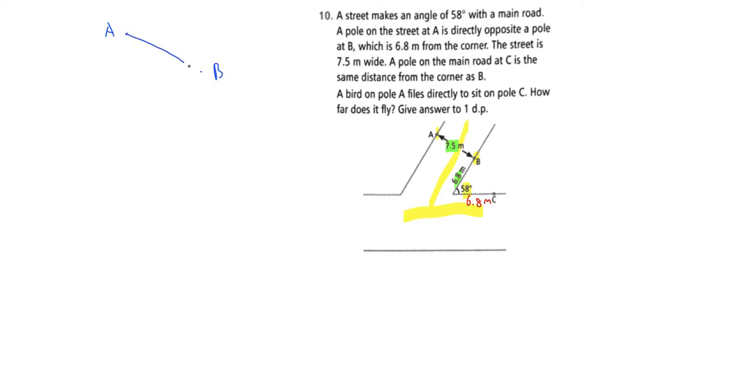If you connect these two, A and B, that's 7.5, and then C over here, both can have the same distance to the corner of the road, 6.8, and we know this is 58 degrees. So roughly you can connect them together to form a triangle, and we're asked to find this distance between A and C.